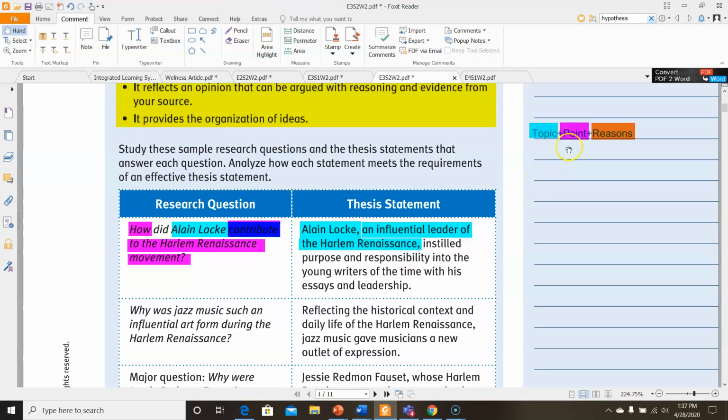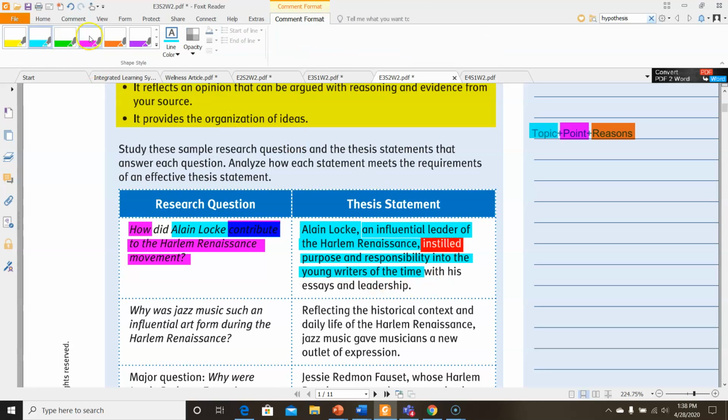And then my point. So what is it that I'm trying to say about this person? So I'm trying to say that he instilled purpose and responsibility into the young writers of his time. And then I have to answer the question, how? Because it asks, how did he do that? So here's my point. So I need to make it pink for point.